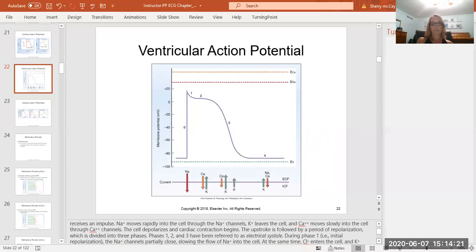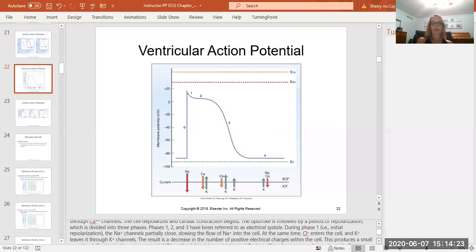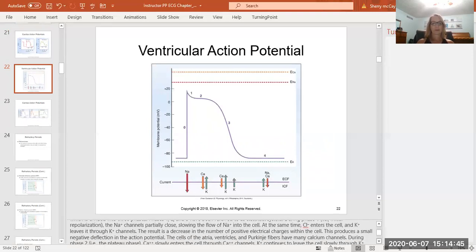During phase 1, the initial repolarization, the sodium channels partially close, slowing the flow of sodium into the cell. At the same time, chloride enters the cell and potassium leaves it through potassium channels. The result is a decrease in the number of positive electrical charges within the cell. This produces a small negative deflection in the action potential.